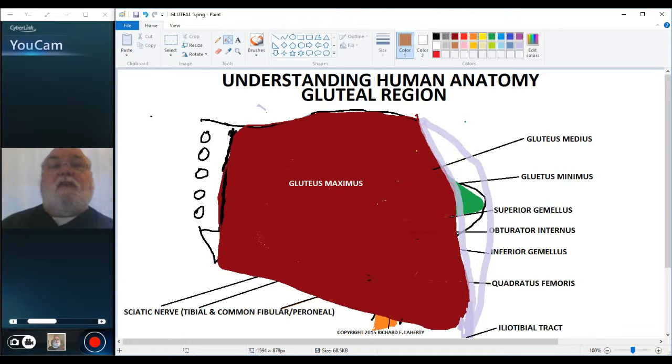It's a relatively thin muscle, and the name of this muscle is tensor fascia lata. And I'm trying to color it in here.